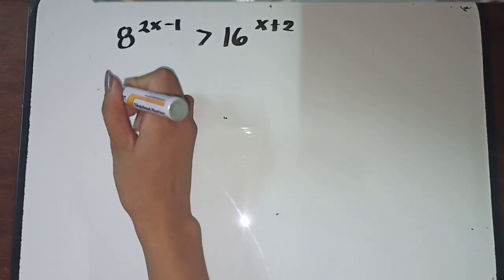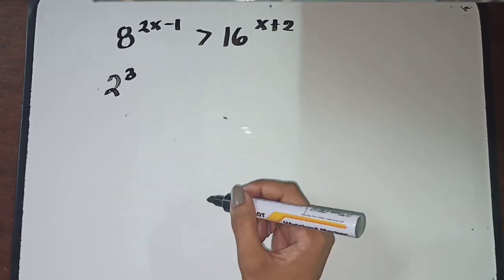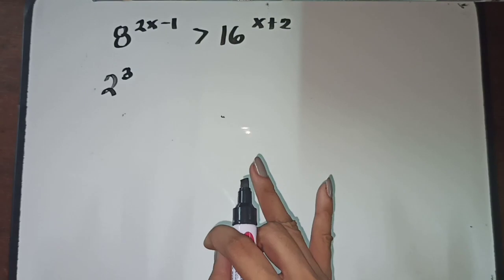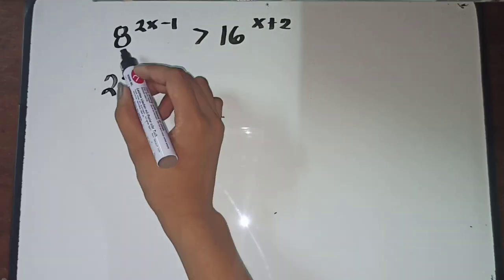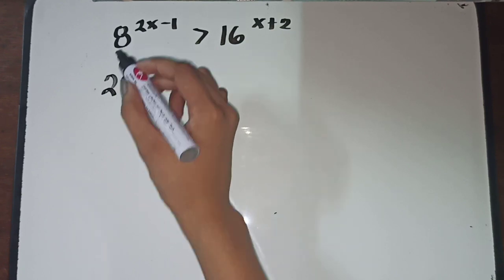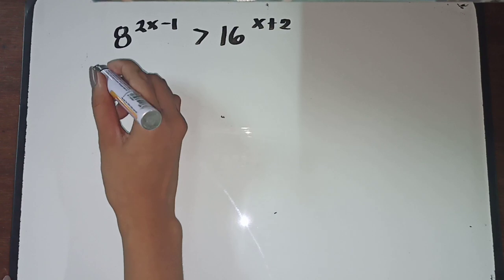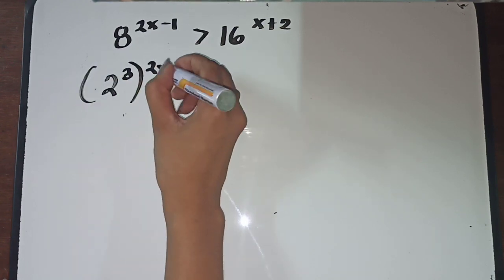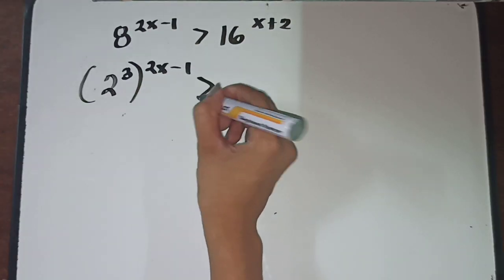This 8 is also equal to 2 raised to 3. Bakit naging 2 raised to 3? 2 multiplied by 2 is 4 multiplied by 2 is 8. So, sa halip na 8 ang ilagay ko dito, pwede kong ilagay si 2 raised to 3. This is raised to the exponent, which is 2x minus 1. And copy the inequality, which is greater than.